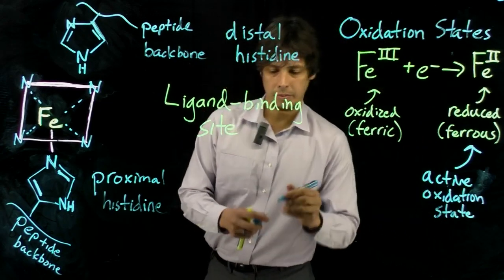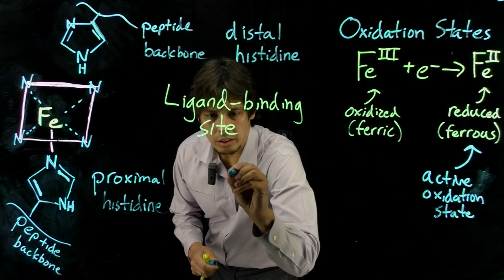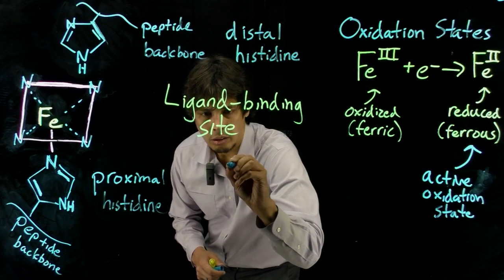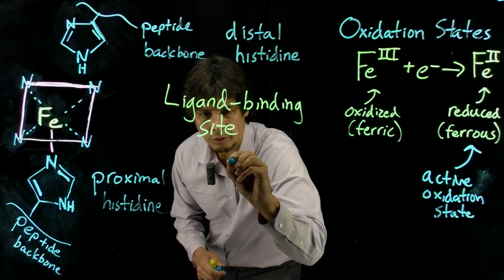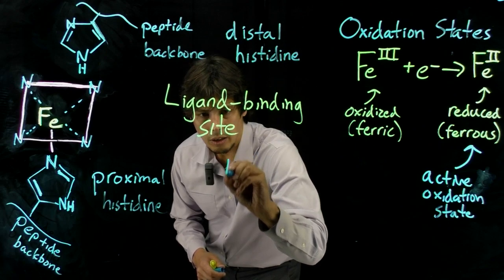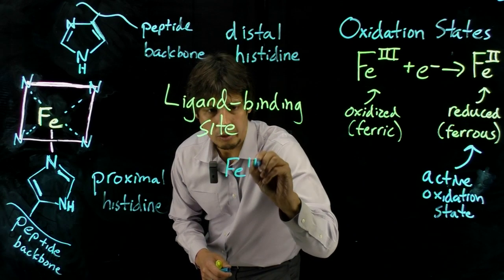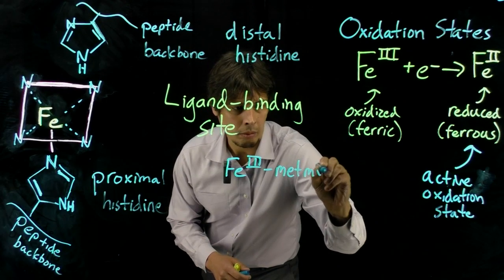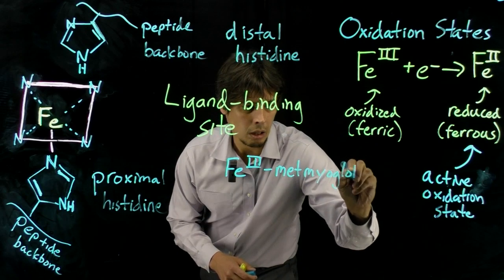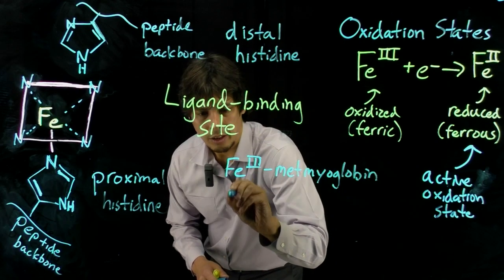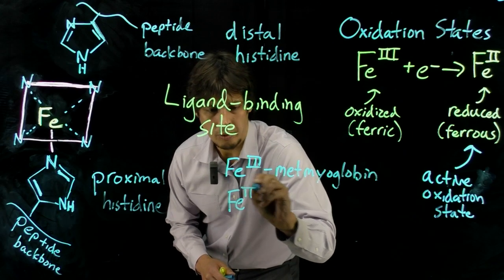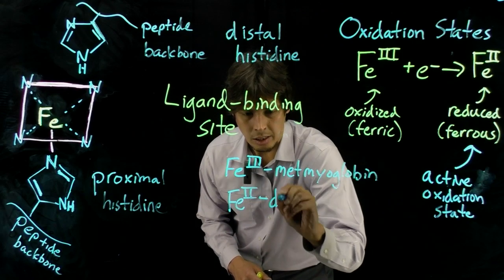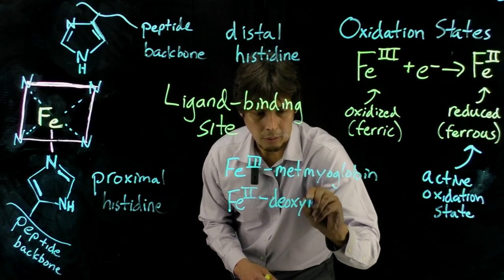We call these different oxidation states, depending on the oxidation state of the iron, by different names for myoglobin. If the oxidation state is iron 3, we call this metmyoglobin. If the oxidation state is iron 2, but there's no oxygen bound, then we call this deoxymyoglobin.